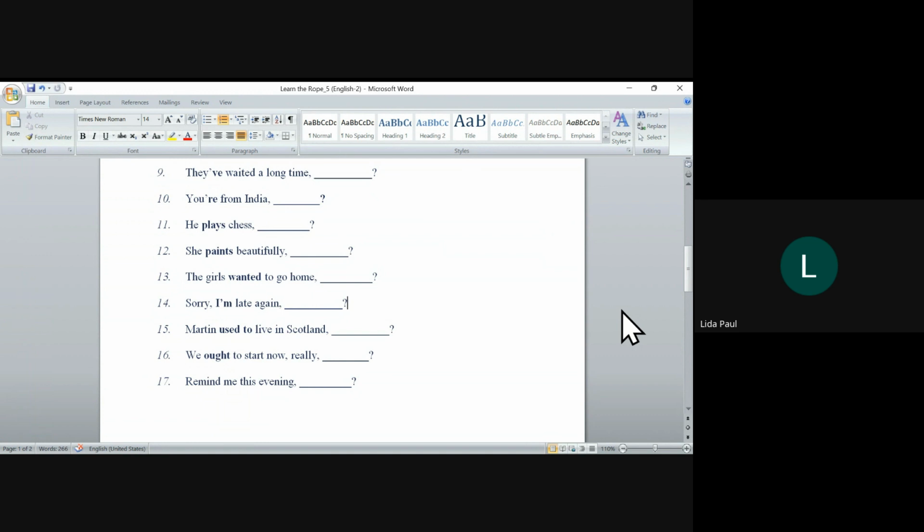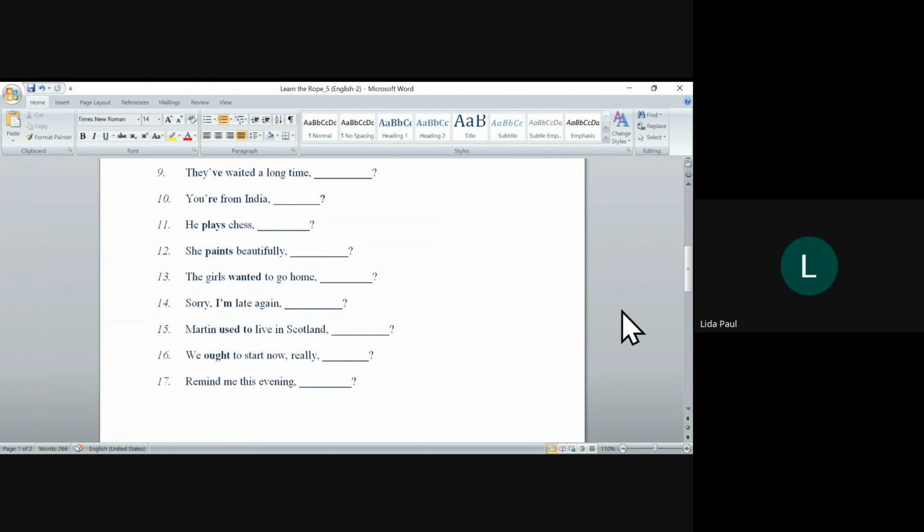The subject is you, though it is not given, the conceptual subject is you, which means one part of the tag is going to be you. But what would be the verb? Can you? In this case, again, like we said, there are multiple options available.